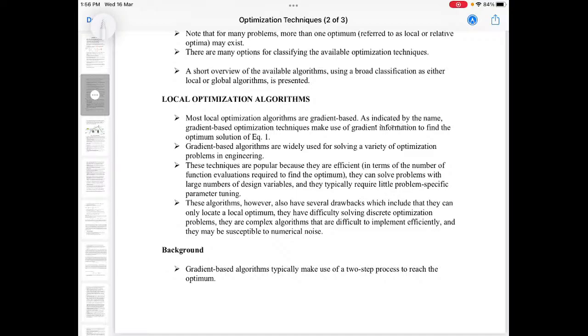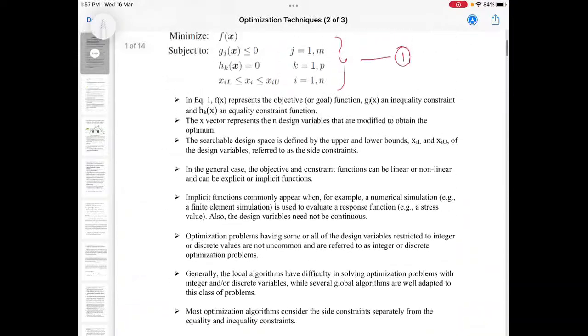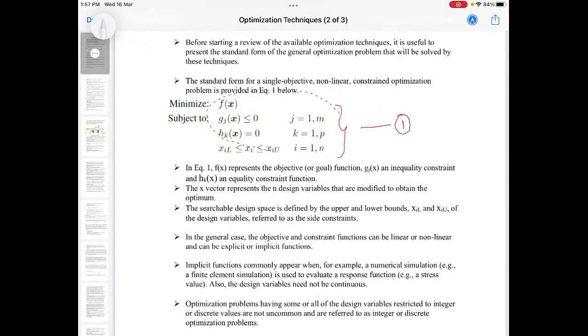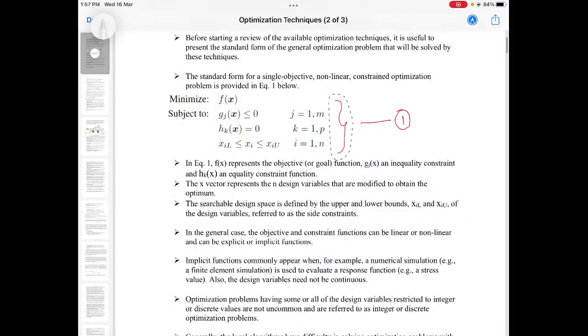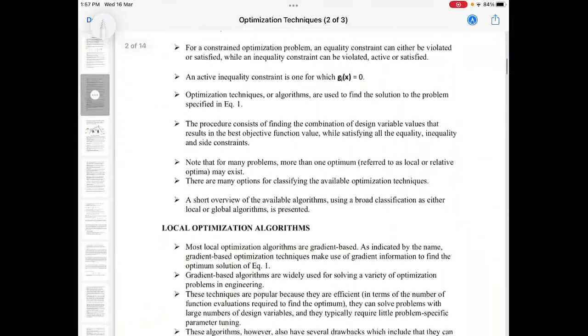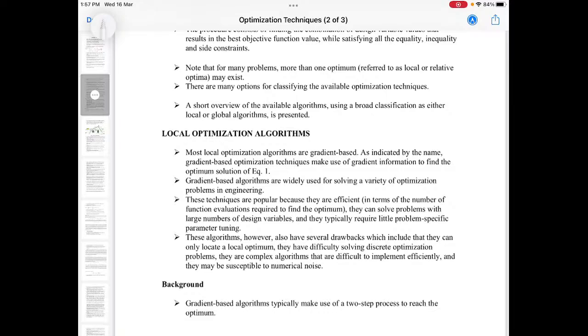As indicated by the name, gradient based optimization techniques make use of gradient information to find the optimum solution of equation 1. So it is a gradient based optimization technique which makes use of gradient information.